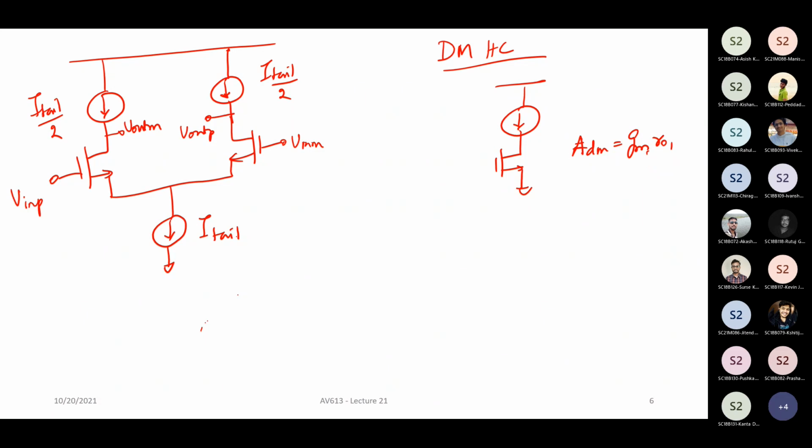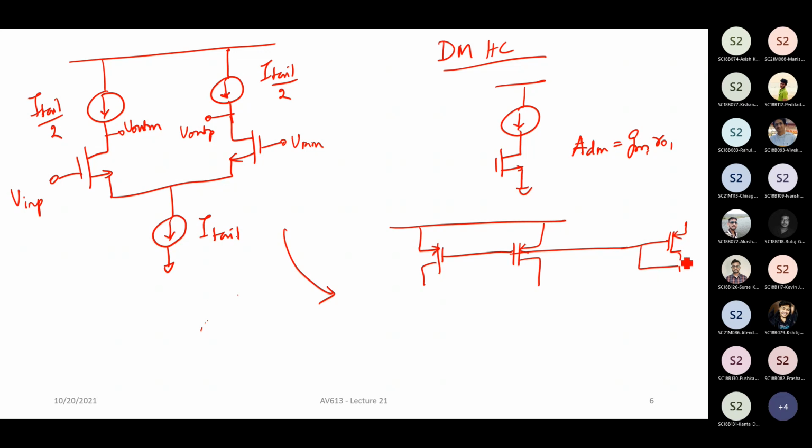Now, we have already studied how to implement these current sources and how to bias them. Basically, you put a transistor biased in saturation using current mirrors. So the actual realization of this circuit now becomes: you have PMOS current sources. Let's say this is biased through some current mirror. We'll not worry about the biasing right now because we know how to bias it.